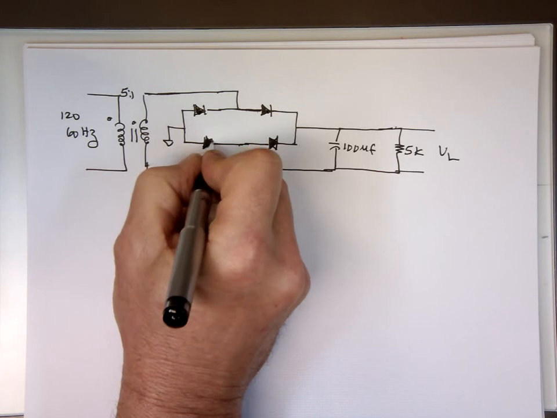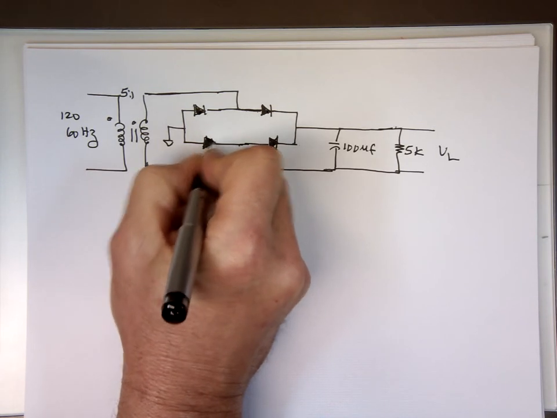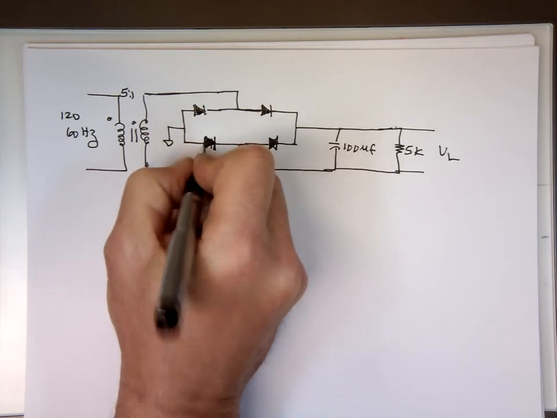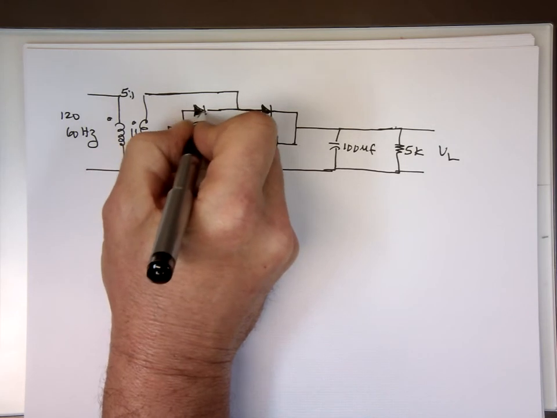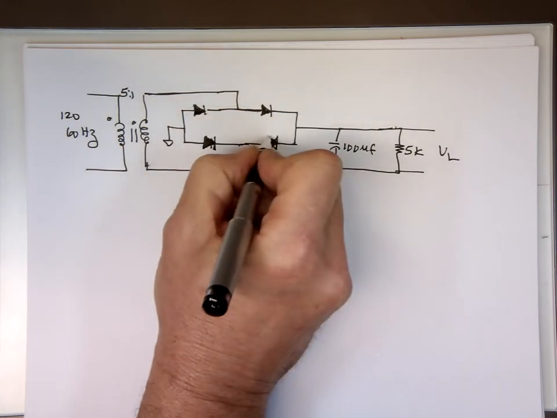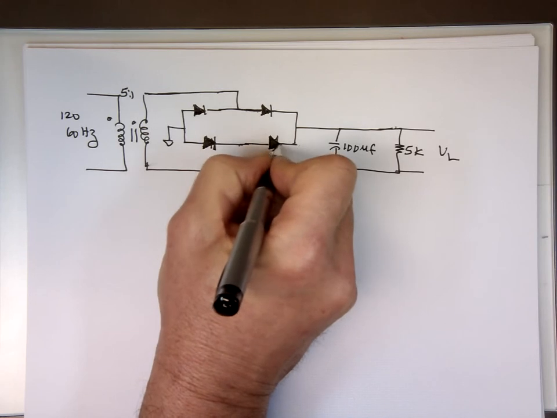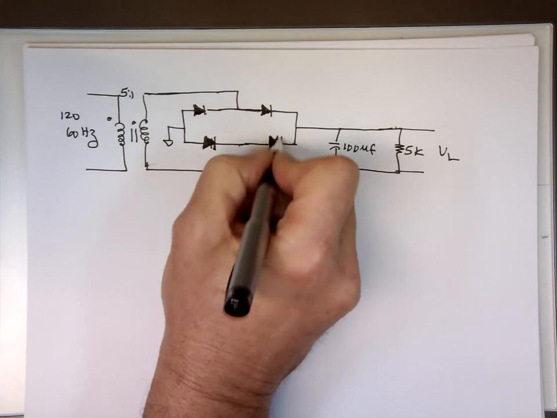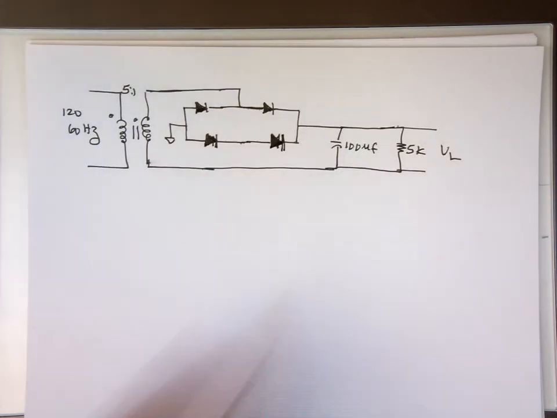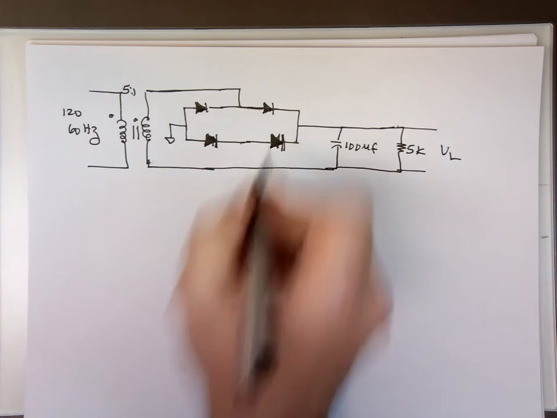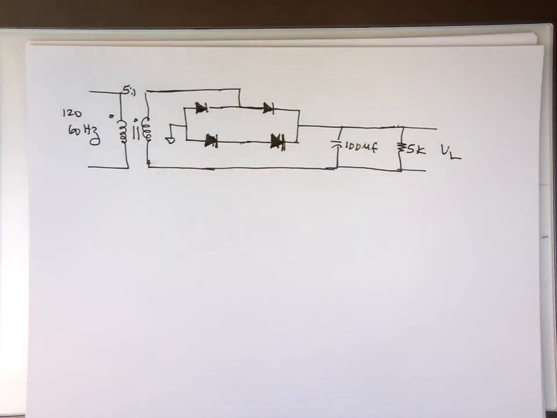Oh, I'm making a mess here. I don't have white out. That's the direction of this. It's going that direction. Let me see if I have white out here. Nope, no luck. Okay. But that's the direction of it.